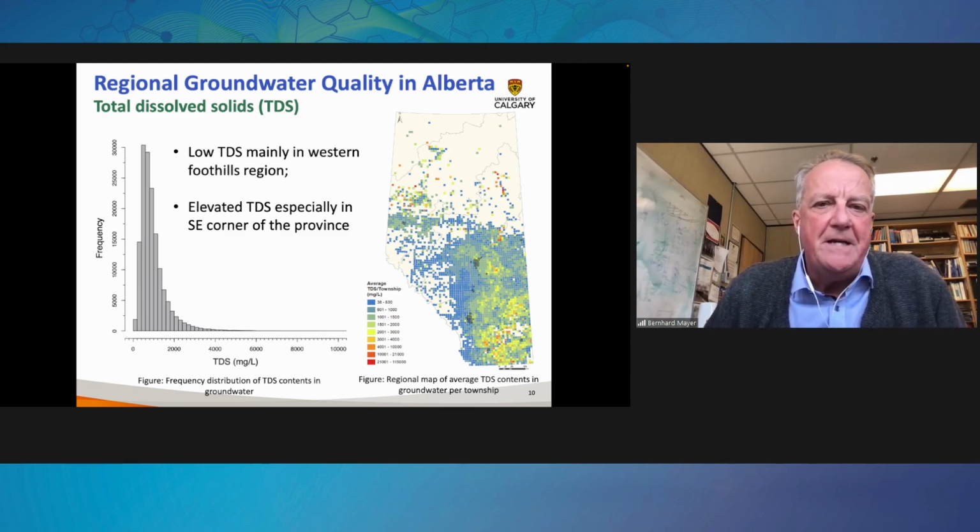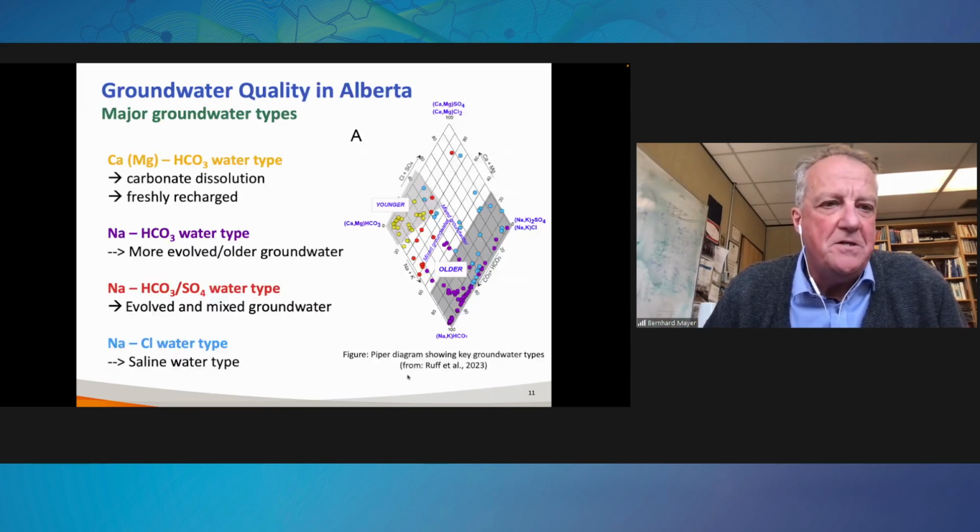The next question we can answer with our database is, what contributes to the salinity? And we do that by determining major groundwater types. On the right-hand side, you see a Piper diagram which shows these types. Predominantly, we find 3 major groundwater types.